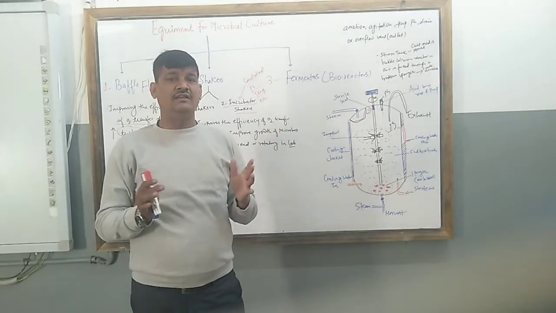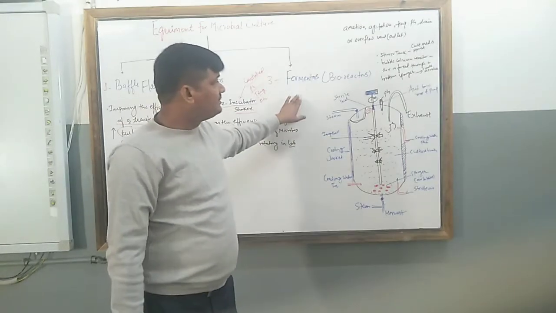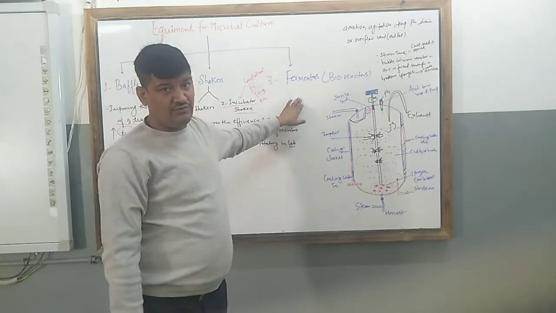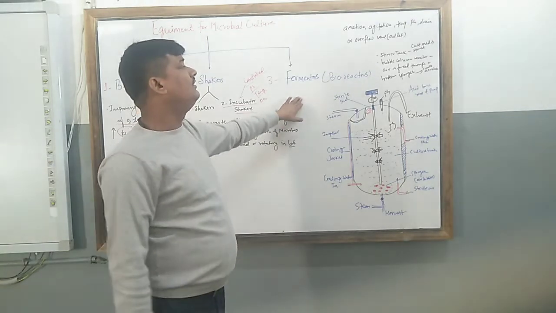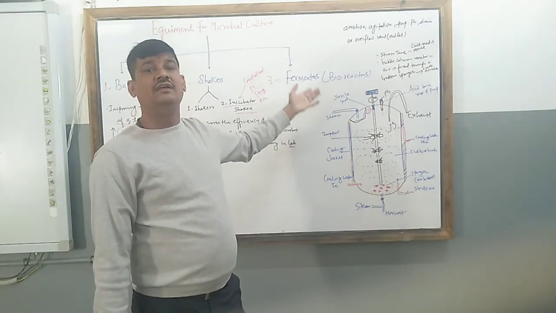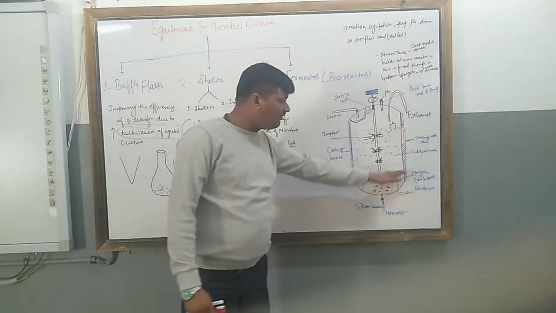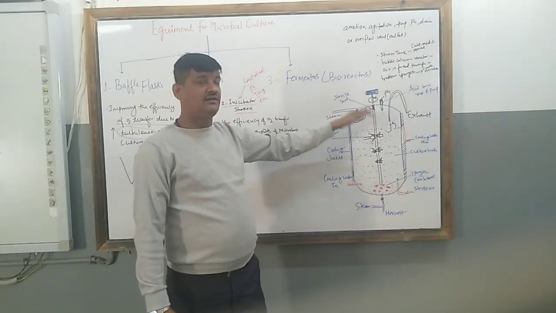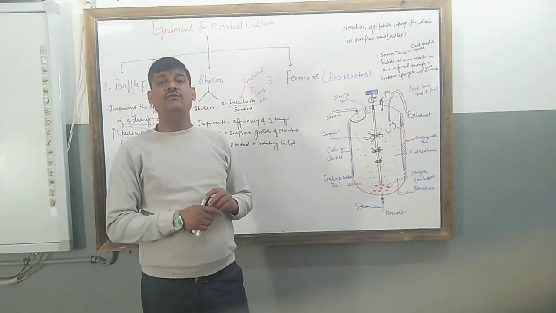Well equipped in the sense that they have an aeration channel, agitation, temperature control, pH control, acid base control, and inflow and outflow of oxygen, steam or air. All these things are well designed in a container that we call a bioreactor. Why are we calling it a bioreactor?